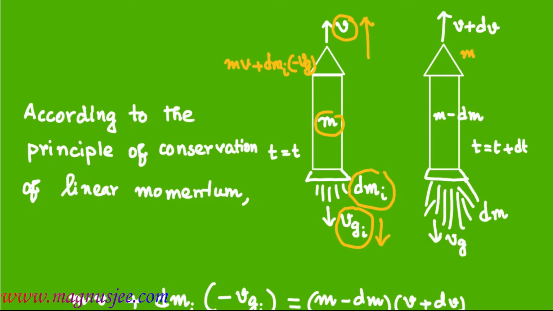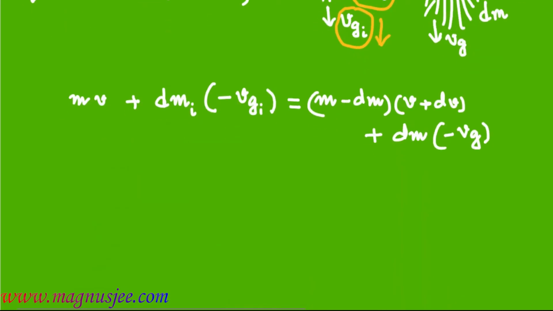So we get mv plus dmi into minus vgi as the total initial linear momentum, and the final linear momentum of the rocket in the vertically upward direction is m minus dm into v plus dv, and dm into minus vg is the final linear momentum of the exhaust gases.